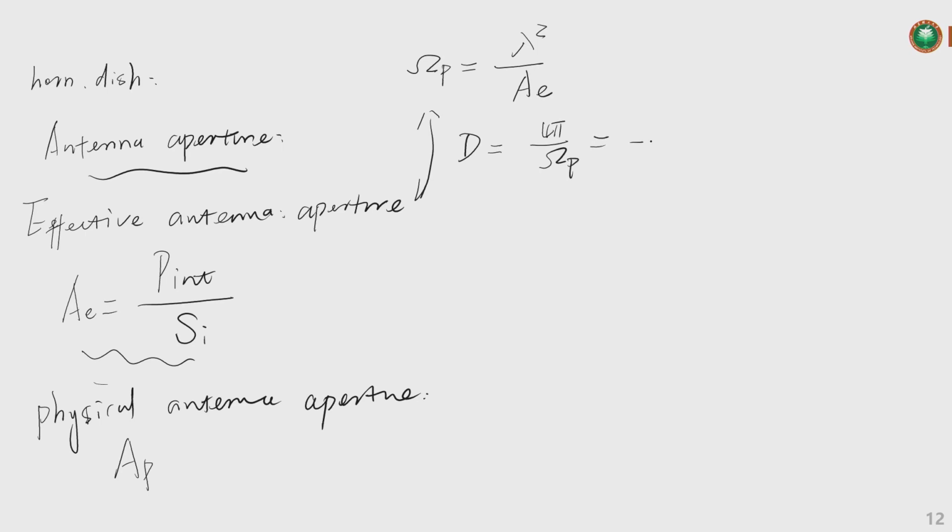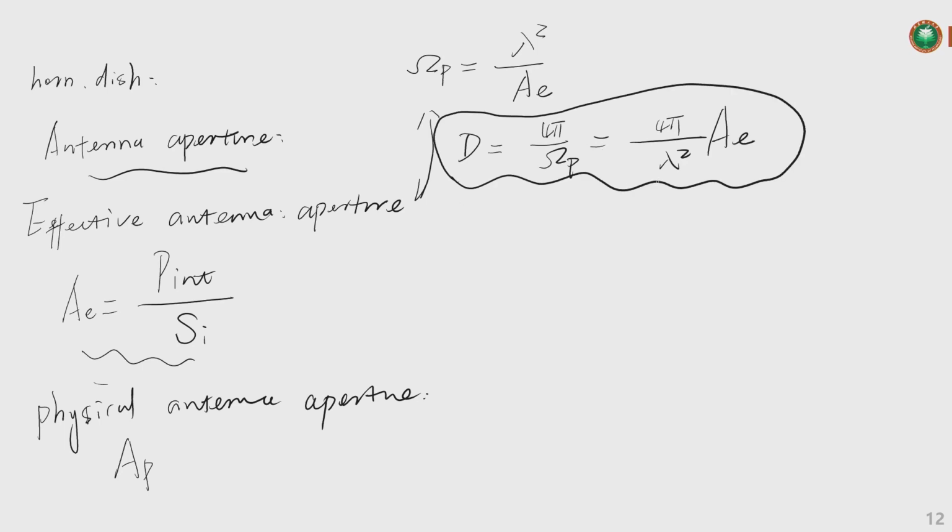So it becomes 4 pi over lambda square times A. I think most of you should be familiar with this equation. Of course, if we want to get the directivity of an antenna, and we know its effective aperture and the wavelength it operates at, then we get the directivity, alright? And further, we can get the antenna gain.